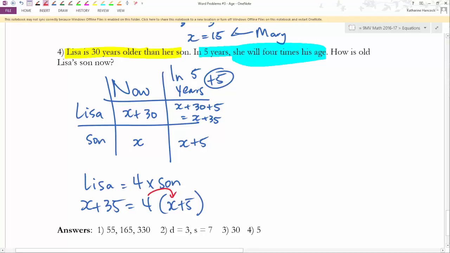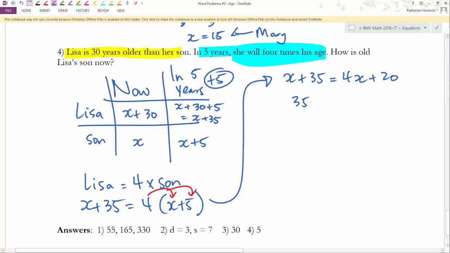And if I distribute, I'm going to get x plus 35 equals 4x plus 20. I'm going to shift stuff around, so adding turns to subtracting when we change sides. So I get 35 minus 20, so 15 equals 4x minus x. That's going to give 3x.